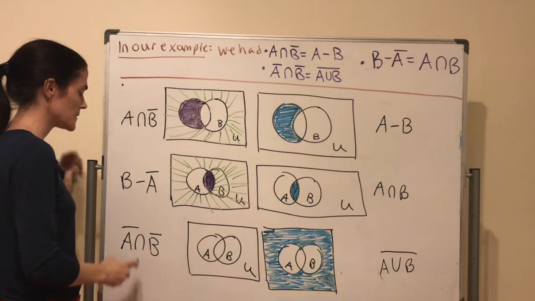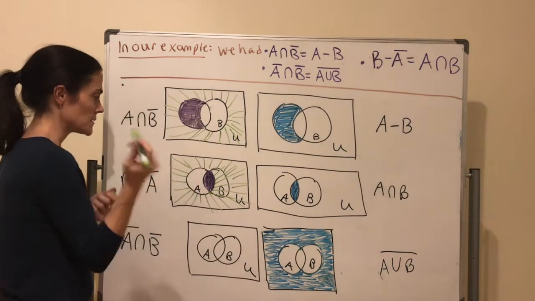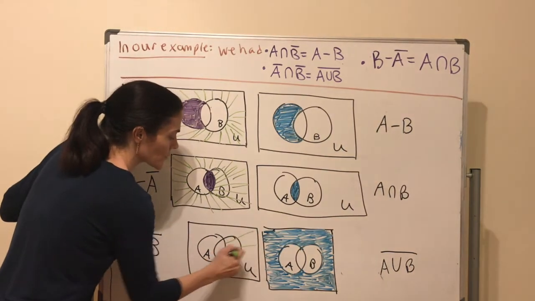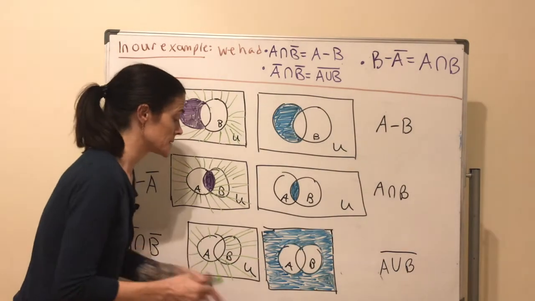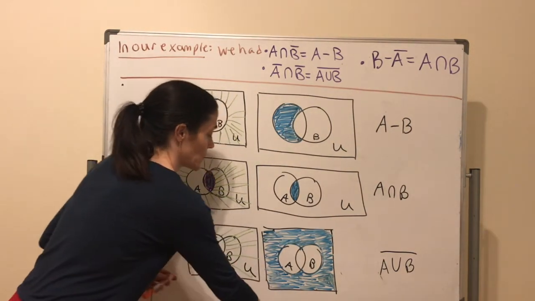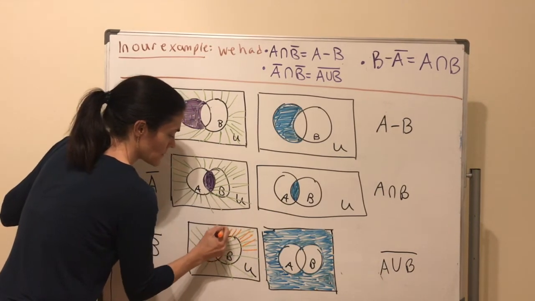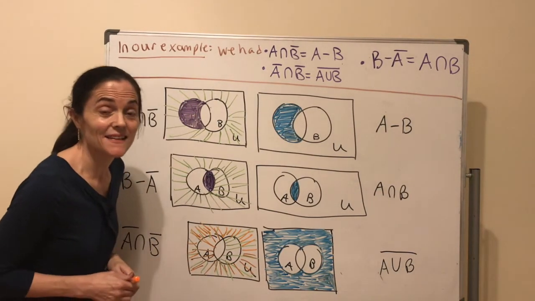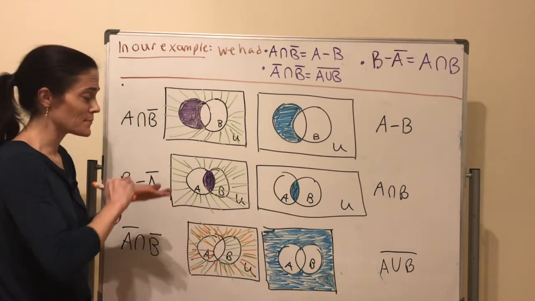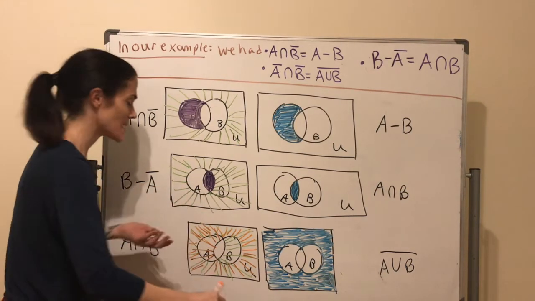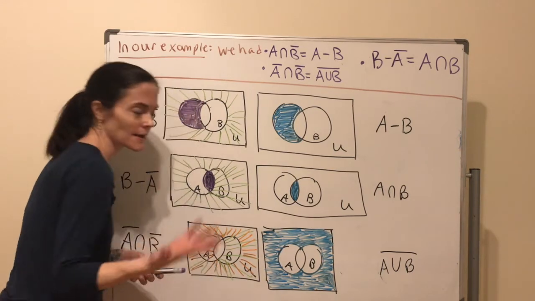The final one, we want A complement intersect B complement. So I will do two sets of lines. A complement is in green. Okay. B complement perhaps in orange. Now it's an intersection. So when I look at this, what I want to do is find where I see both green and orange lines. This would be the intersection operation, and then I will shade this in purple.